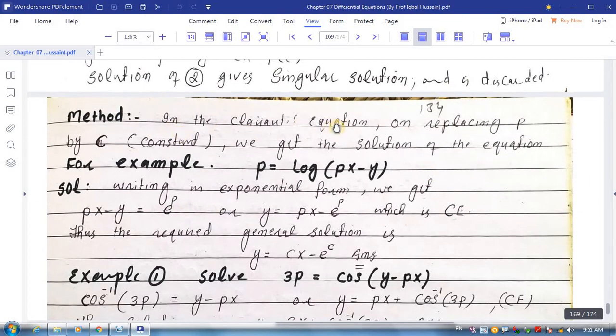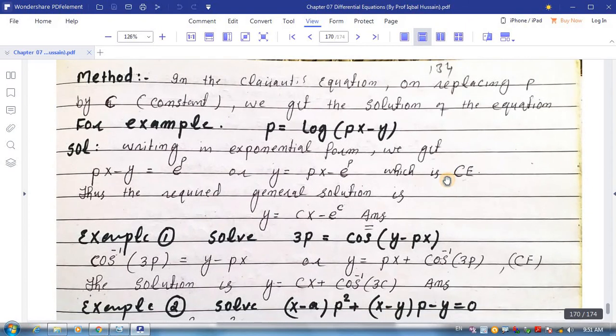In the Clairaut's equation, on replacing p by c, we get the solution of the equation. If we replace p by c in the Clairaut's equation, we get the general solution. For example, here we see a differential equation. Here the base is e. Writing this equation in the exponential form, we get px minus y is equal to e power p.